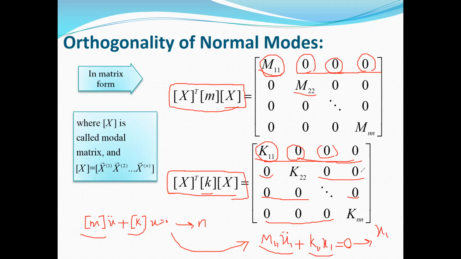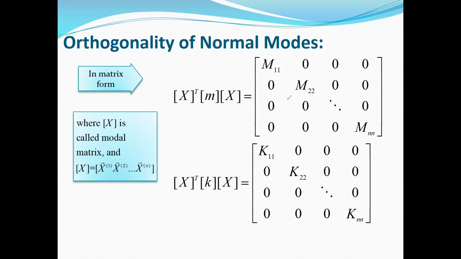From the second equation x2 can be obtained, from the third one you can obtain x3, and finally from the nth one you can obtain xn. So you can obtain all of the responses, or all of the coordinates, by using the modal matrix characteristic, and solve the independent equations separately.